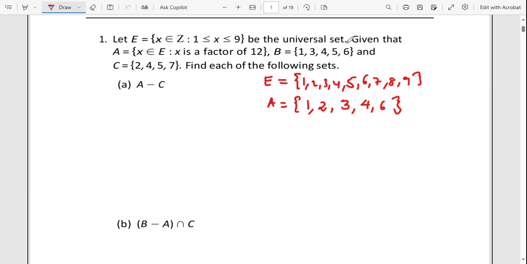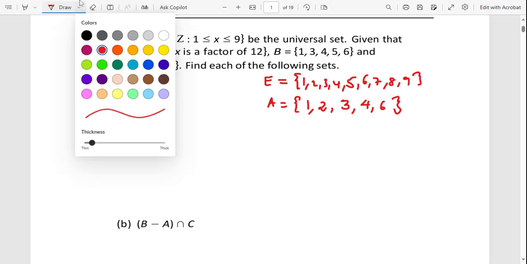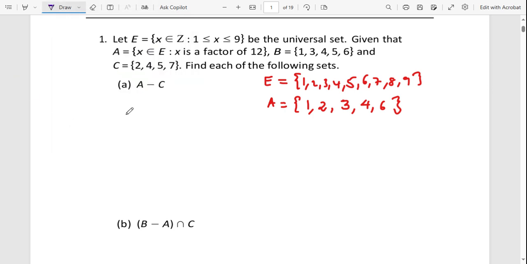And then for the first question here, we want to find A minus C. Remember we said that A minus C is the same as A intersection C complement. So we'll write it like so: A intersect C complement.